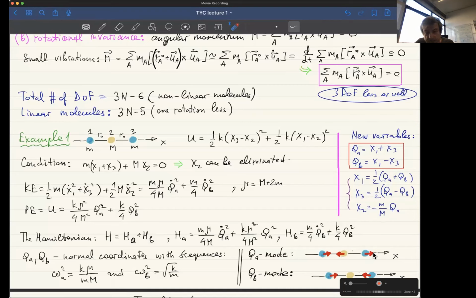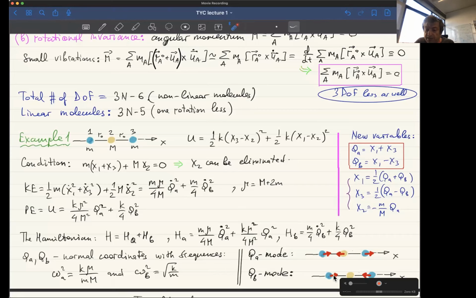So atom 3 goes to the right, atom 1 goes to the right, but atom 2 in the center goes to the left. And of course, the magnitude at which this atom 2 goes to the left depends on the ratio of these 2 masses. If instead you consider exciting QB, this other mode, then QA is 0, x2 doesn't move, x2 stays the same, but x1 and x3 have opposite signs.